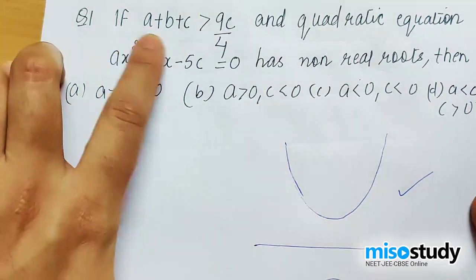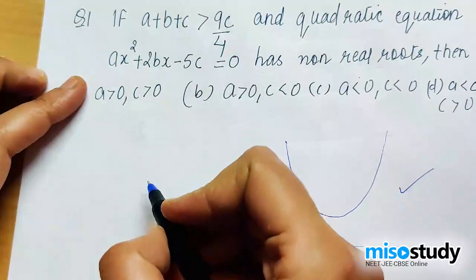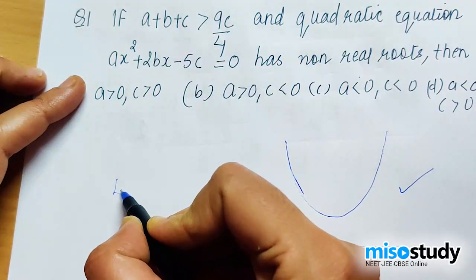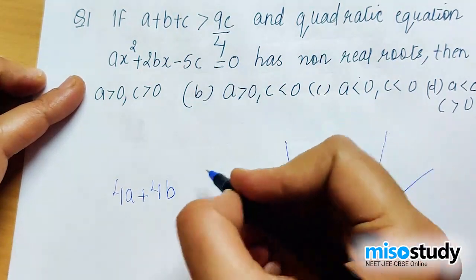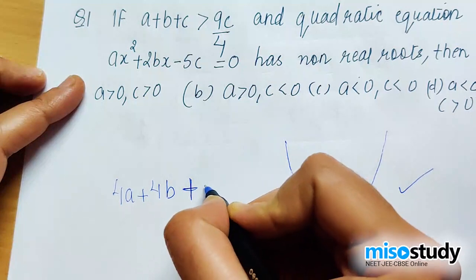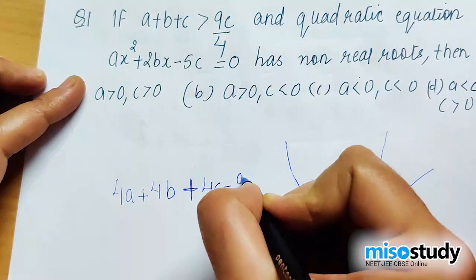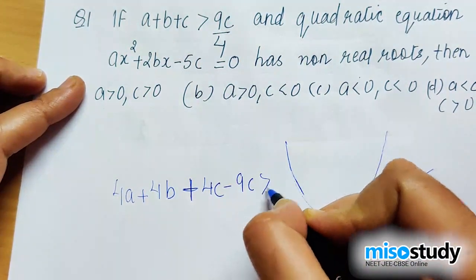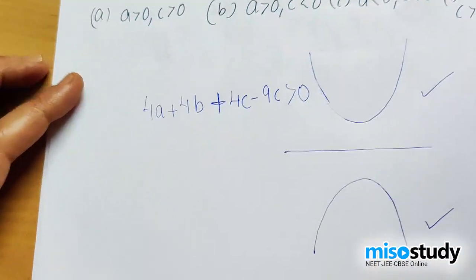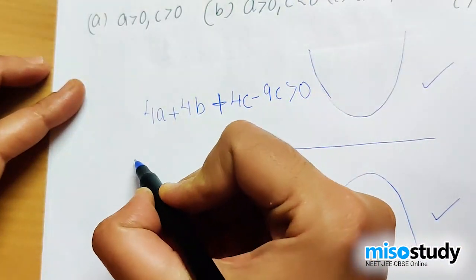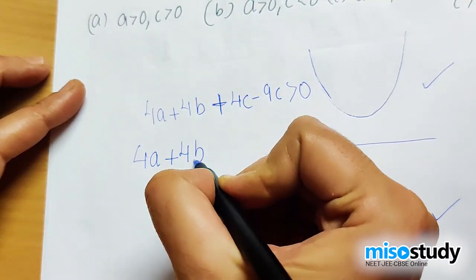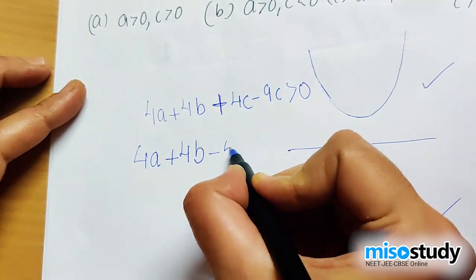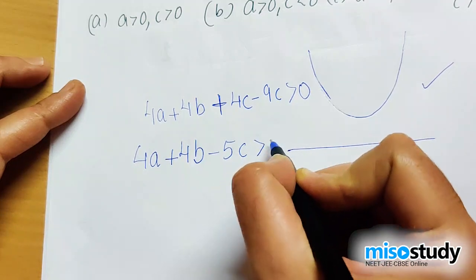Now what is this condition given? Let's just manipulate this condition a bit, and in this case I will have 4a plus 4b plus 4c minus 9c greater than 0. So that means I'll have 4a plus 4b minus 5c is greater than 0.